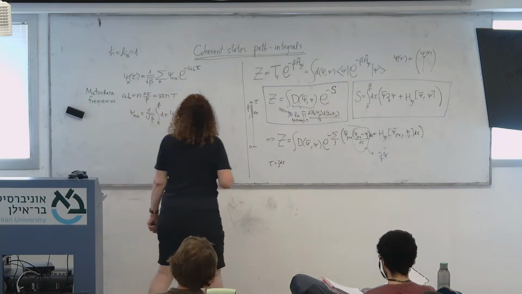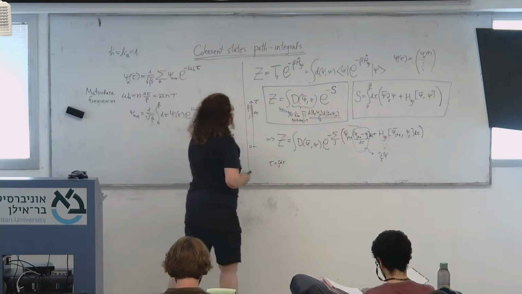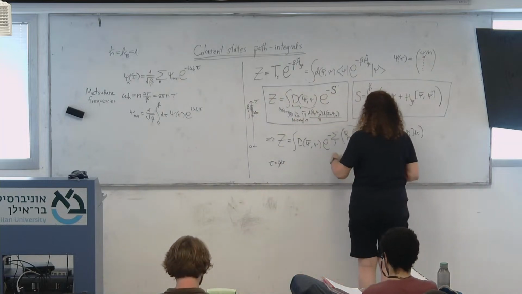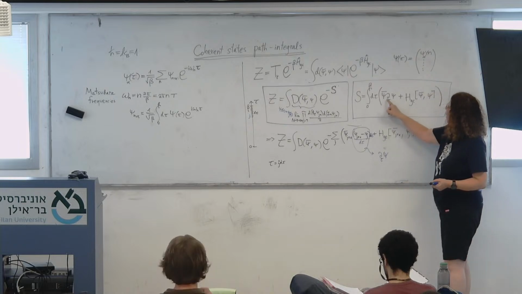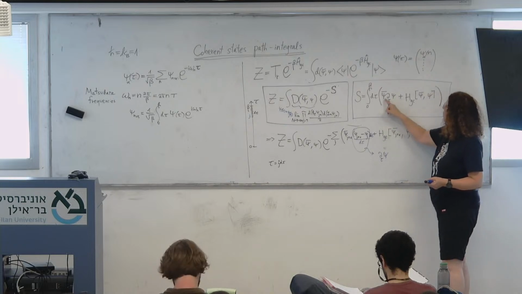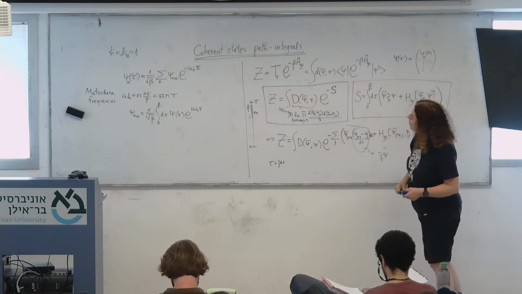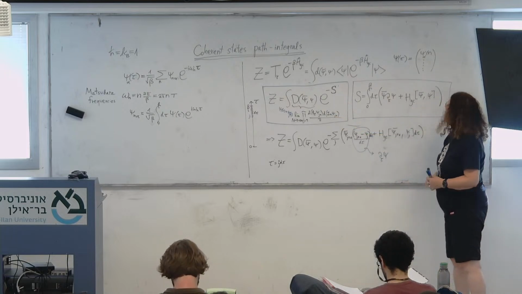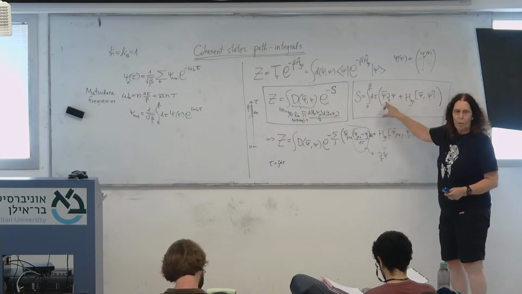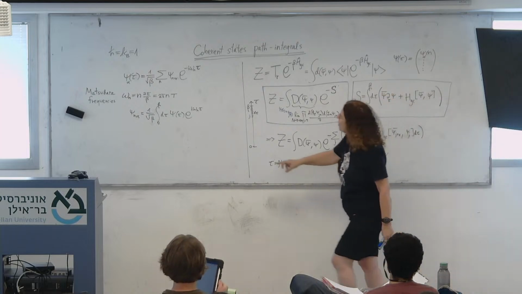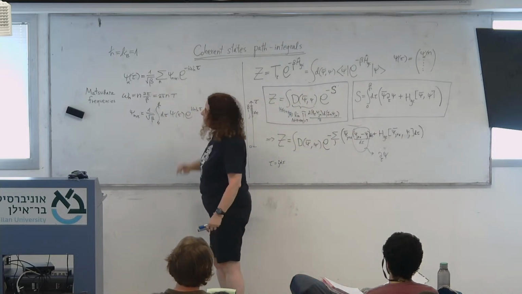Okay. So why is it useful to plug it in here? Because if I express the psi tau in terms of this sum over psi n, the first term will give me something that is diagonal in the index n. Okay?